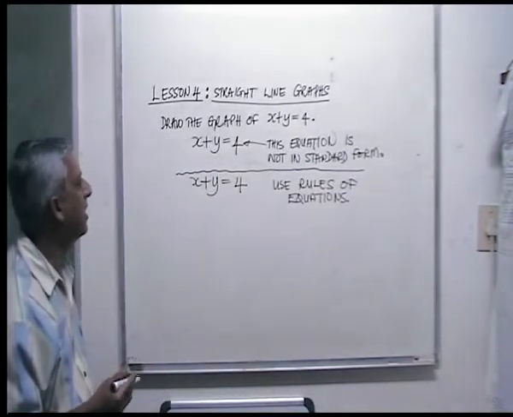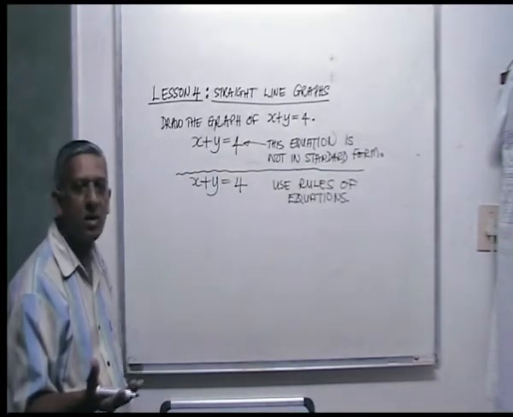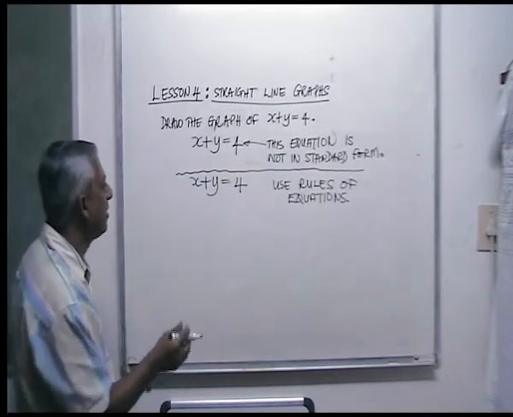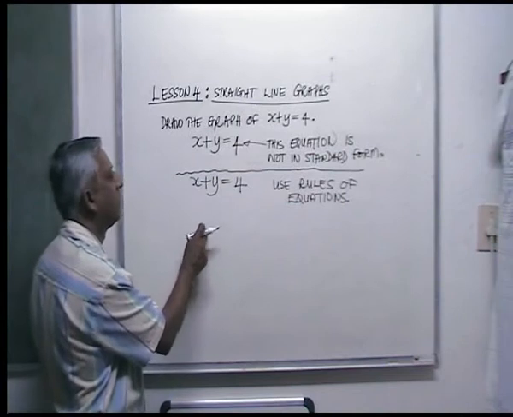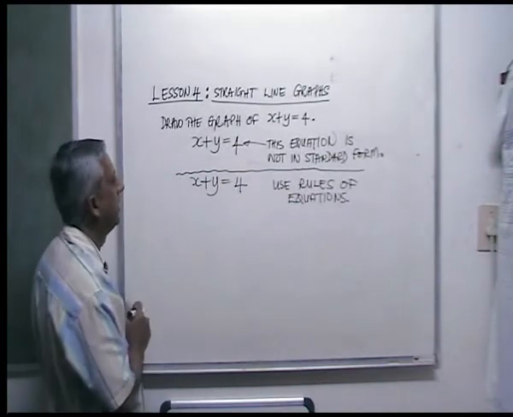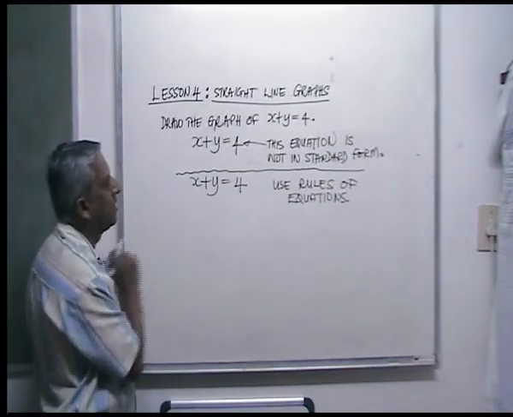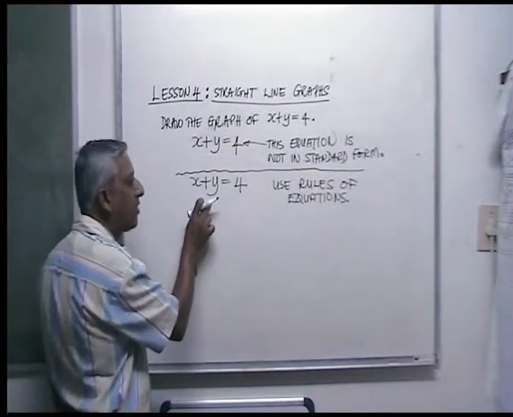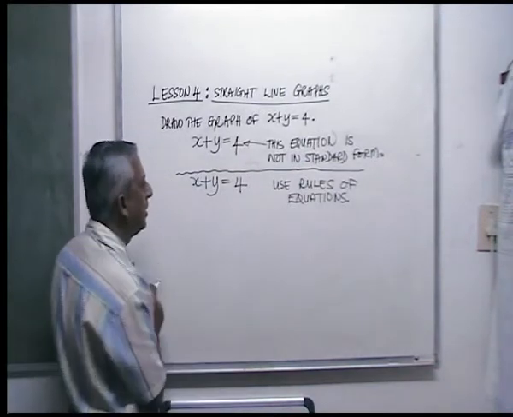The rules of equations are that if you transpose, plus becomes minus, minus becomes plus, and in the end you must end up with positive y is equal to. So let's see, how do I bring this to standard form? To bring this to standard form, I must use rules of equations.